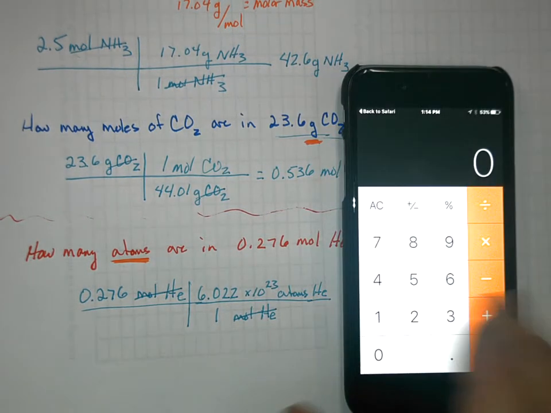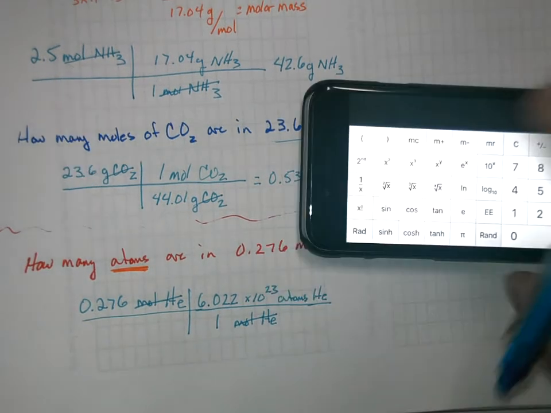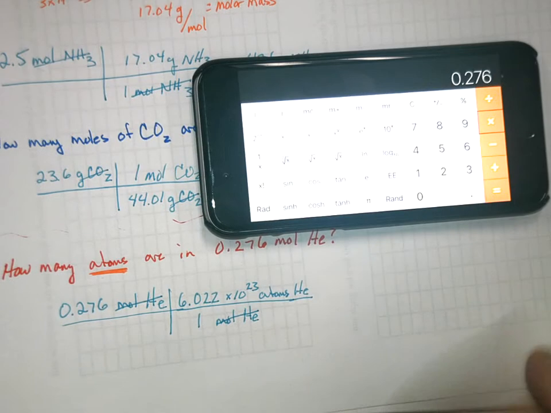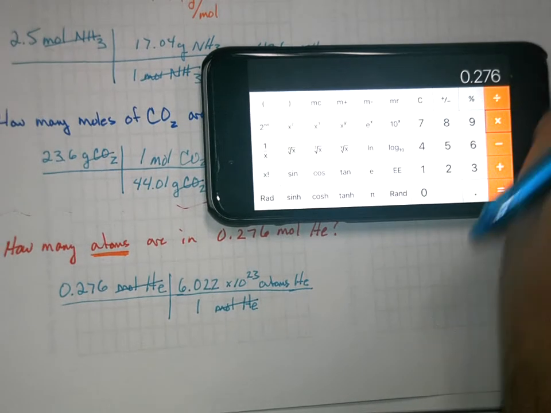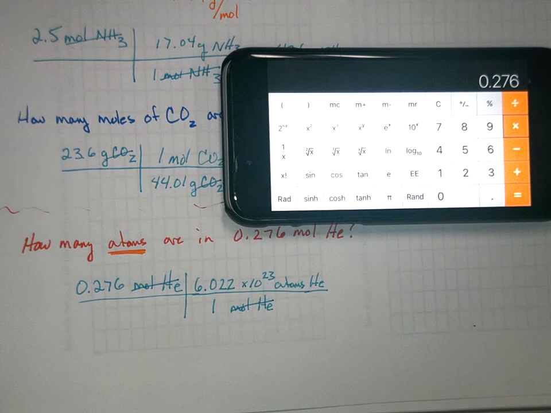So 0.276 times. And if you have not yet figured out how to put this into your calculator, Google it. Because you obviously haven't been listening to me.